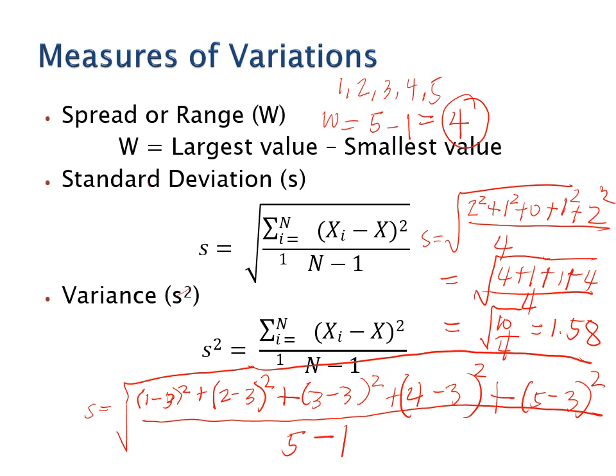So, 1 minus 3 squared is 2 squared plus 2 minus 3 squared is 1 squared plus 0 squared is 0. Plus 4 minus 3 squared is 1 squared and 5 minus 3 squared is 2 squared. So, equate lang and you'll get 1.5. So, yun na yung standard deviation.